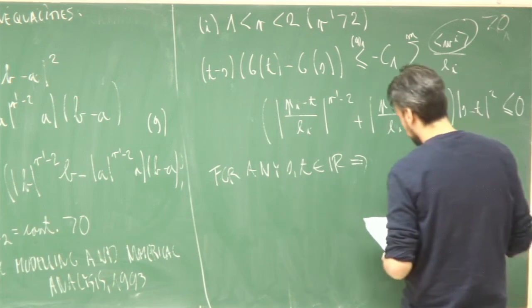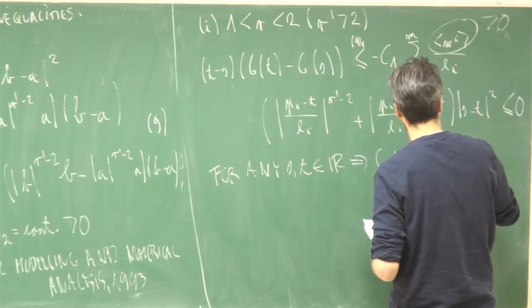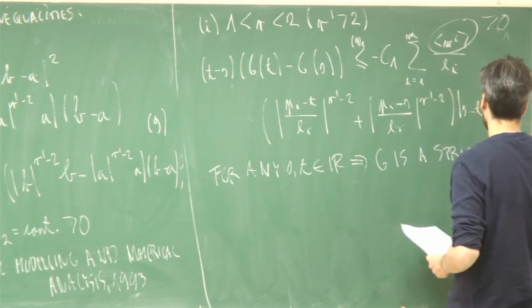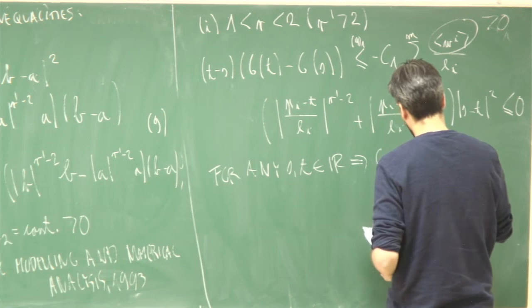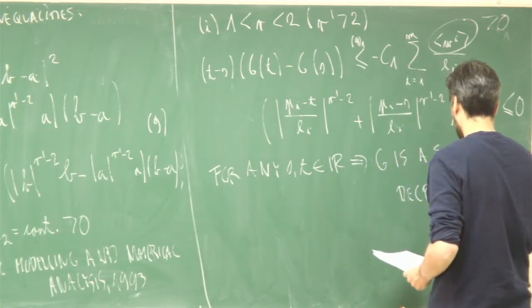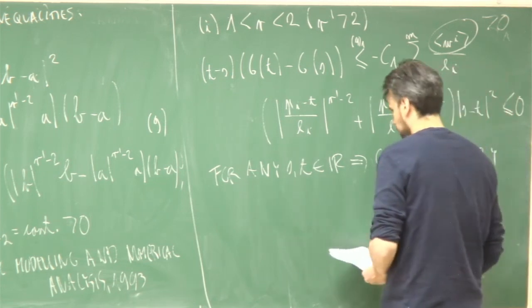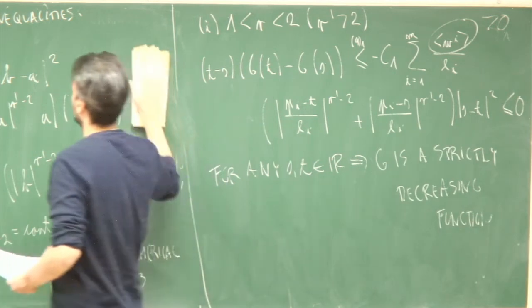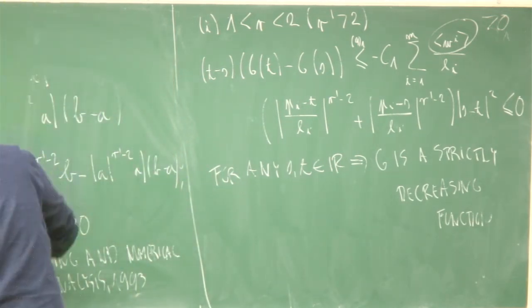So g is a strictly decreasing function. Okay, more or less similar for the second case, but let's write it down.